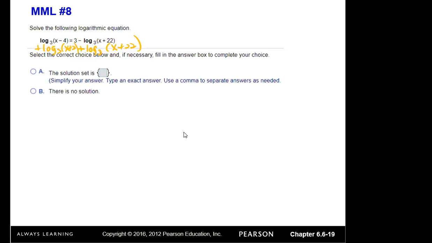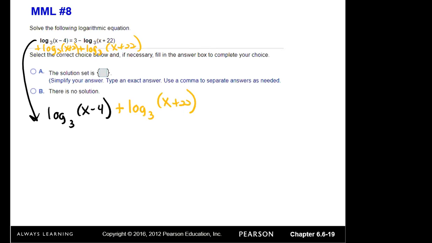Well, that's messy. Okay. So this is going to be log base 3 of the x minus 4, and then here comes my plus log base 3 of x plus 22. And then it's going to still equal just the 3 because this and this canceled out on that side.